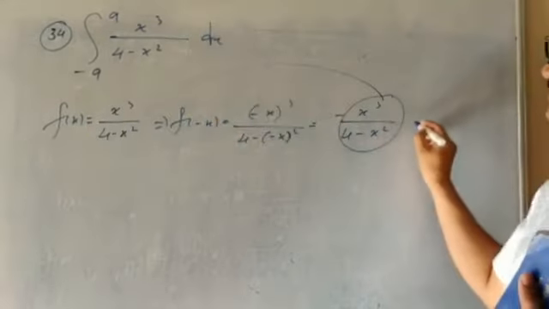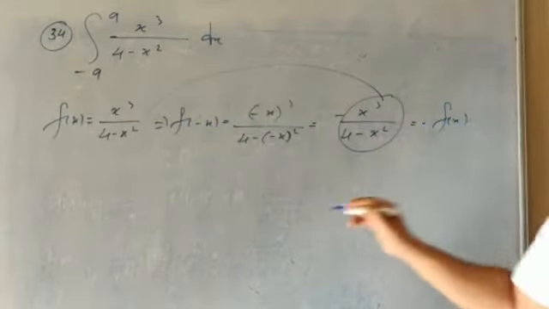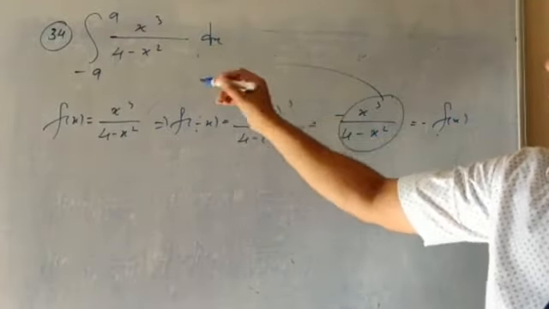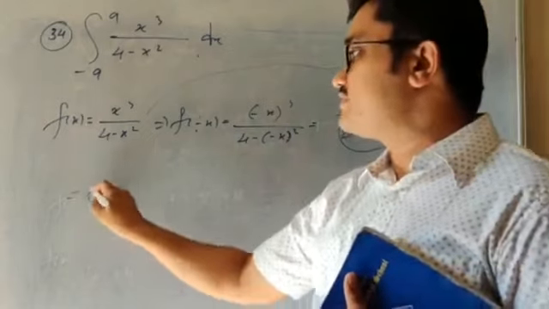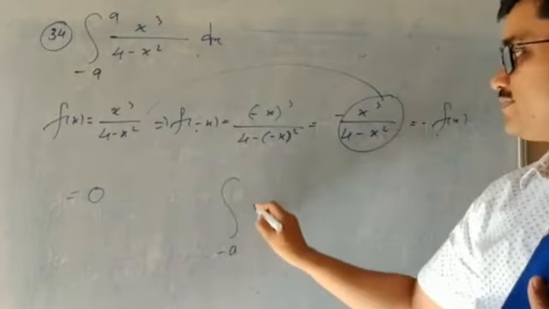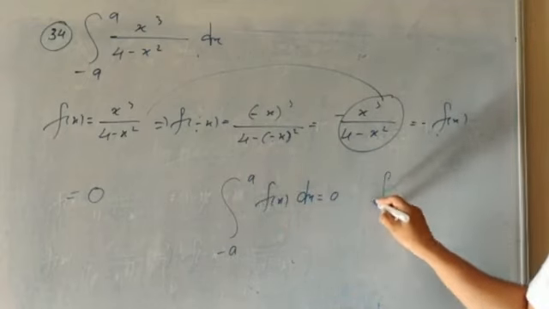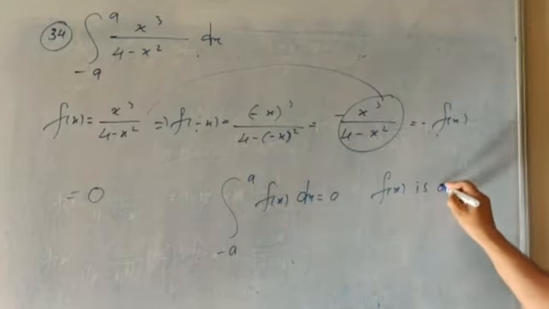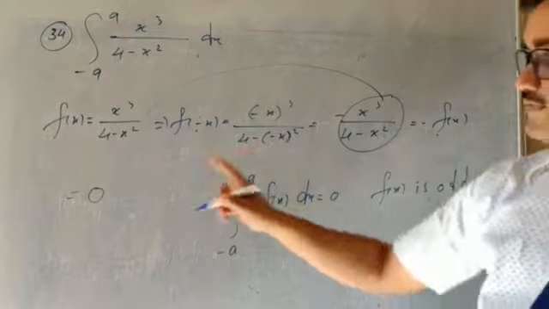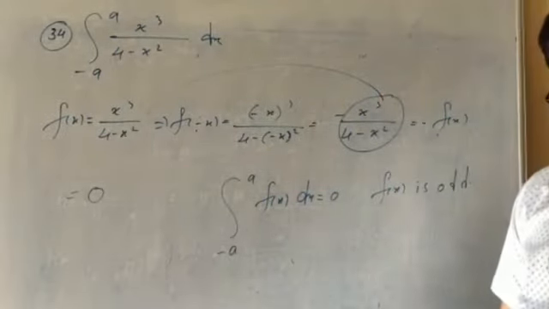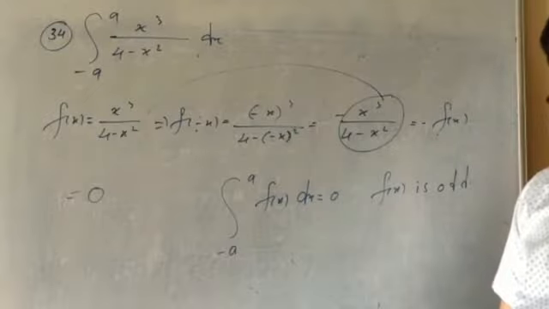This is nothing but minus f of x. So f of minus x is minus f of x, which means this function is odd, and since it is odd, the answer is 0. What does the property say? Integral from minus a to a of f x dx is 0 if f x is odd. So that is what is used. For an odd function the answer is 0. So that's the answer, and that should be option A in question number 34.